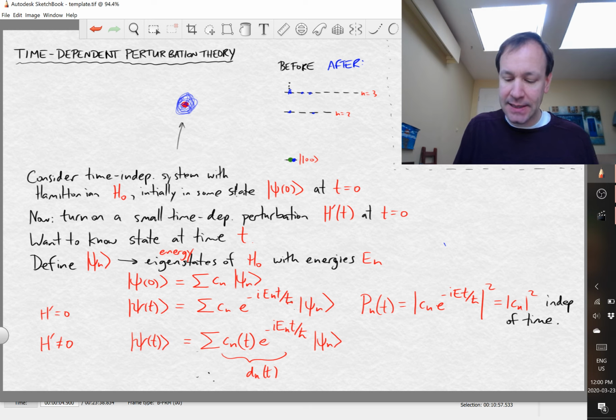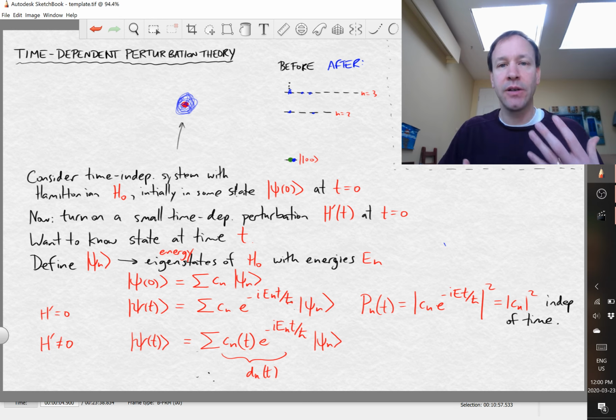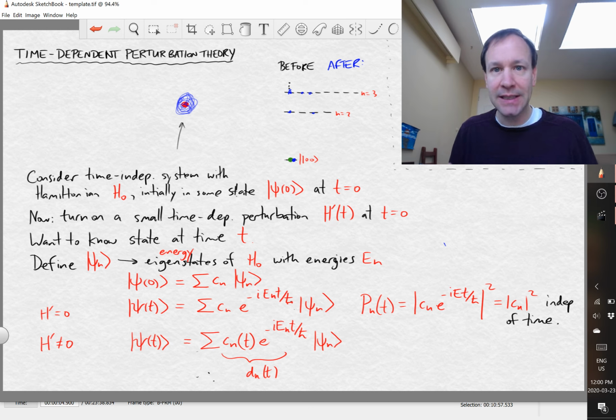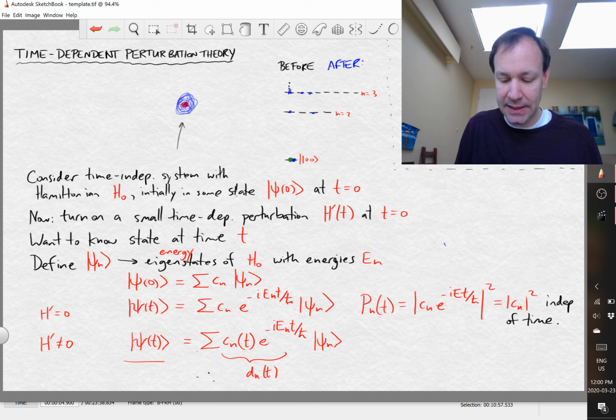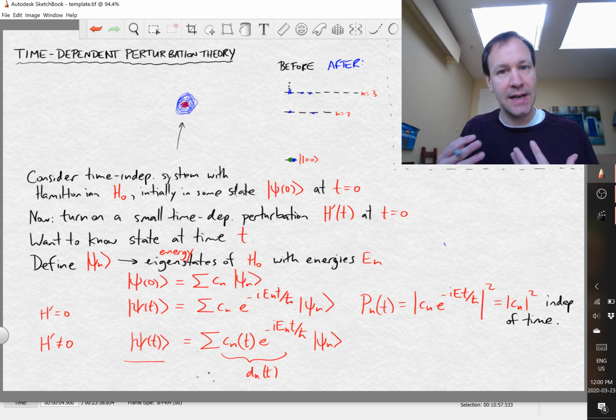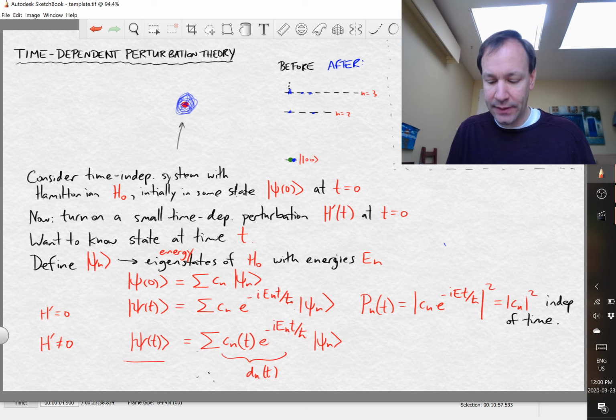Okay. Because these Cn of t's are totally arbitrary so far, this still represents a completely general state of our quantum system. And so we know that it's always going to be possible to write our state at time t in this way. For any t, there'll be some choices of these Cn's where the right-hand side will be the actual state.